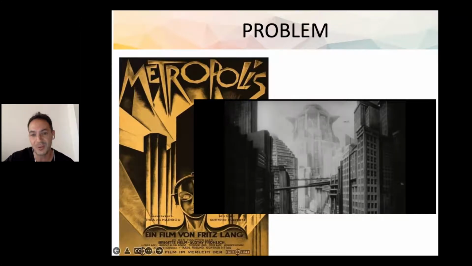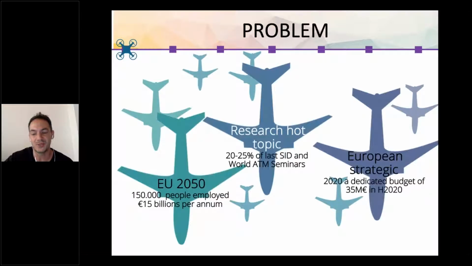But as you have already seen in Emmanuel's talk, it's becoming a reality, and I'm going to give you some numbers too. It's already a European strategic priority. Just in 2020, we have a dedicated budget inside the H2020 framework of 35 million. It's already a hot research topic.